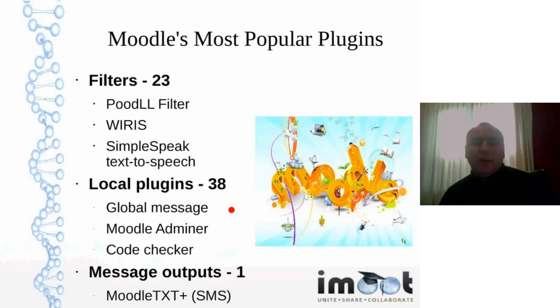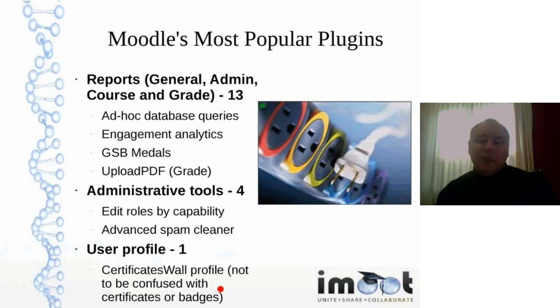Email obviously would be another option. The one message output that's been designed is the ability to receive those notifications via SMS. That's what Moodle Text Plus aims to do. I've not actually used that or tried it, but it sounds interesting.